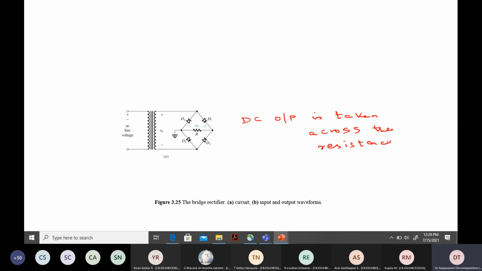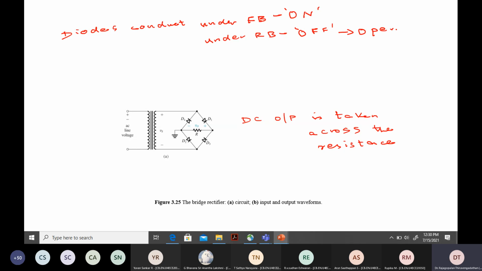Now, how does the circuit work? First, let us understand. We know diodes conduct under forward bias. By now, this should be very clear without any problem. We call it on state. And under reverse bias, the diode is in off state, which means it is an open circuit configuration.